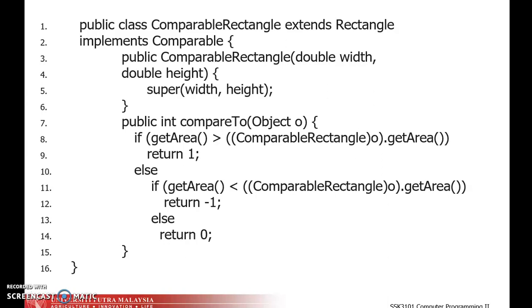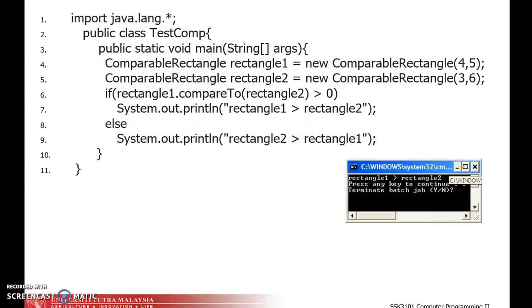If you observe the program, it contains the compareTo method and overrides it to compare the area of two rectangle objects. Next, we have the TestComparable class, which will construct the rectangle objects with predefined values and invoke the compareTo method before printing out the result of the program. Please do try this example and understand it.